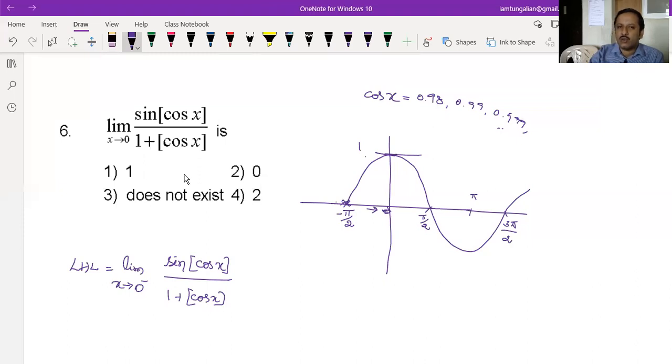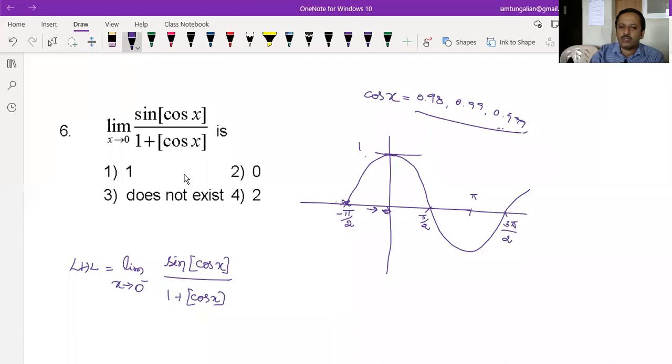So cos x may be equal to 0.9, 0.95, 0.98, 0.99, 0.999. As x comes closer and closer to 0, cos x will come closer and closer to 1. But just before 0, cos x value will be around this.